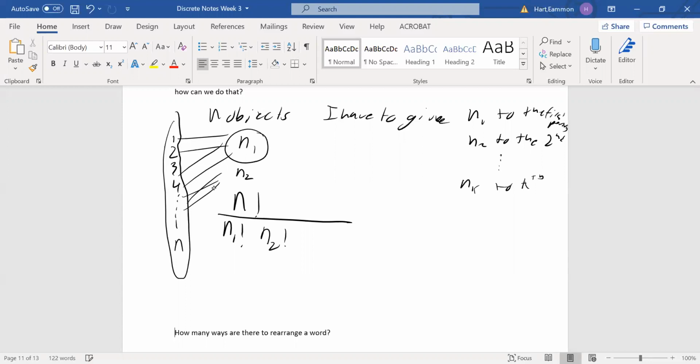So divide by n2 factorial. I care about what's in between n1 plus 1 and n1 plus n2, what elements are in that list, but I don't care about what order they appear. And the same thing with n3 all the way up to nk factorial.